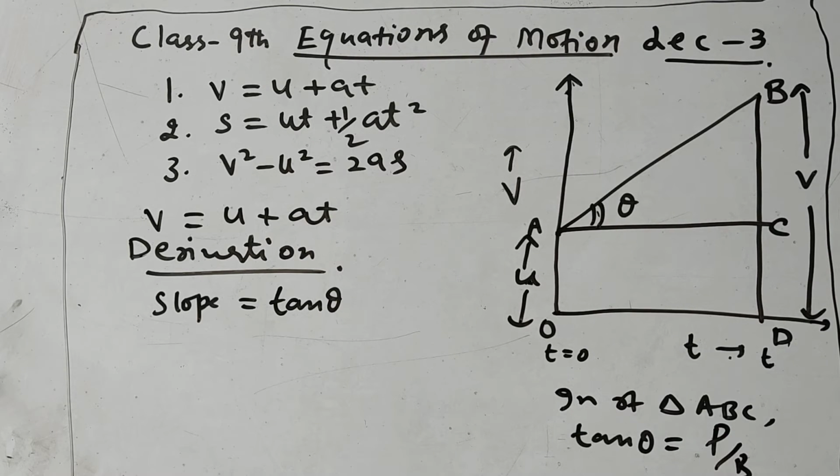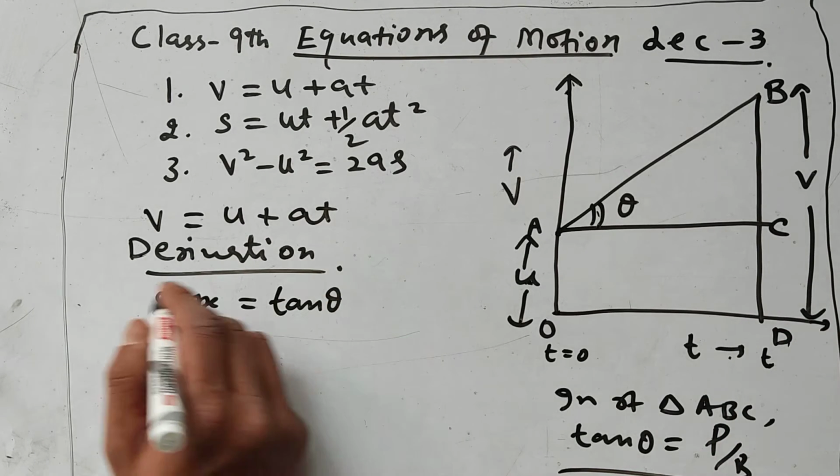Perpendicular is BC, base is AC. So here tan theta equals perpendicular by base, that is BC by AC from this triangle.